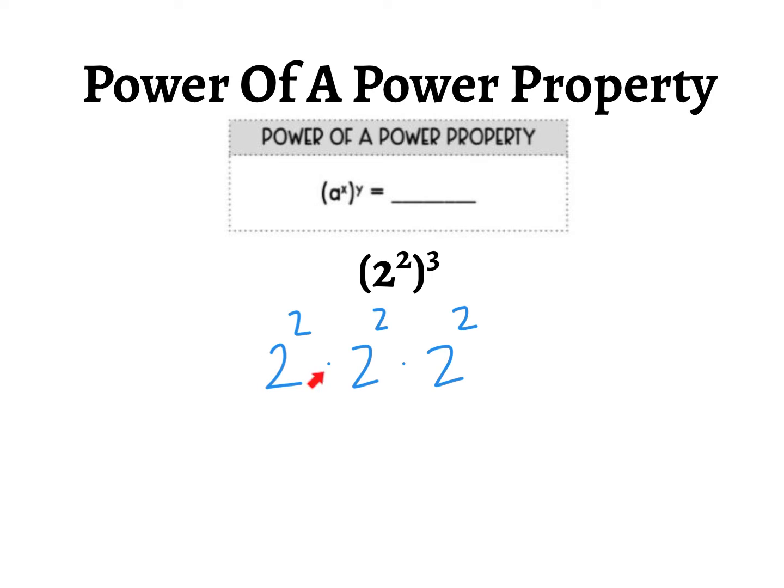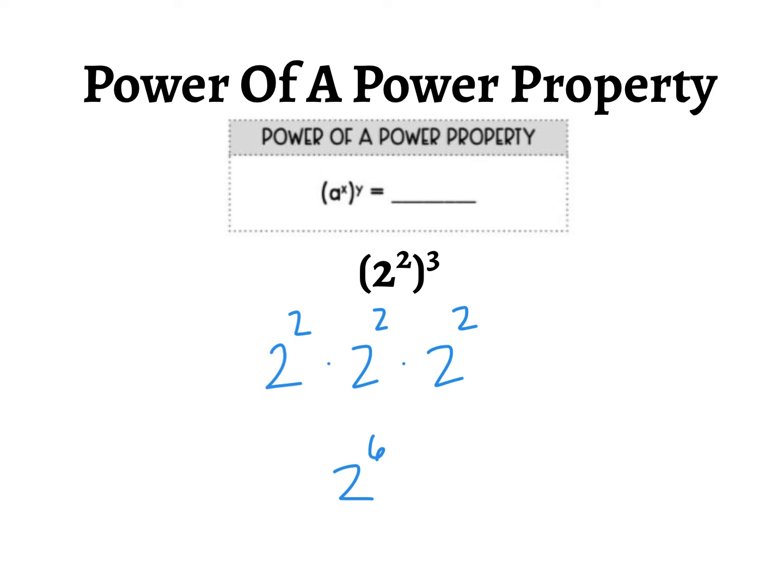Now, since they all have the same base, how do I combine the numbers? If they have the same base, I can just add the exponents, right? That was the rule in the previous example. You can add the exponents. So, how many 2's do I have in total? Well, I have 2 plus 2 plus 2. And I have a total of 6. 2 to the 6th power.